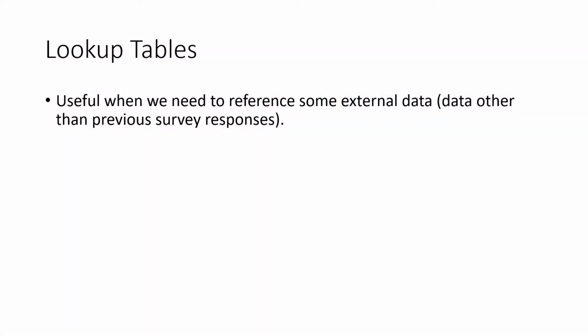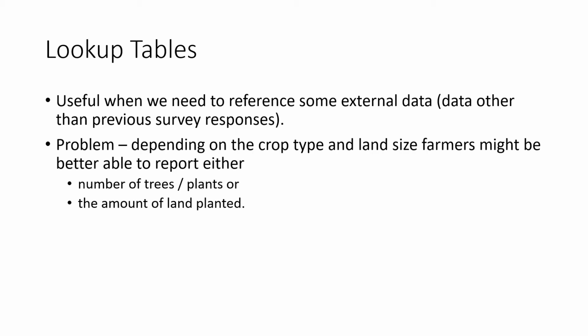So the purpose of using a lookup table is to bring some external data into our questionnaire itself. External data means things other than the previous survey responses. So the problem we're going to solve in today's lesson, and this is common in a lot of agricultural surveys, is that depending on the type of crop and the size of the holding, respondents might be able to better or only report back to us the number of trees or plants, or in terms of the amount of land which has been planted.